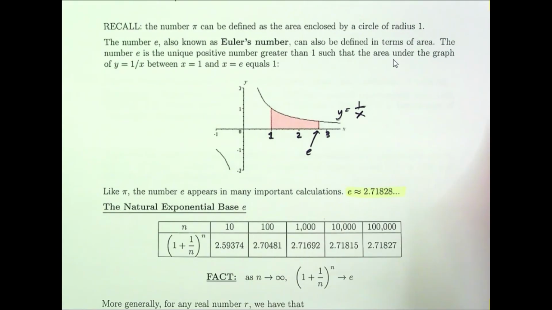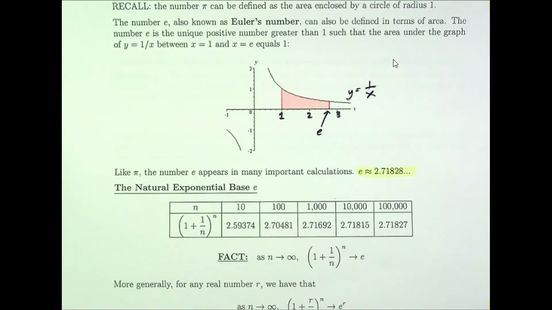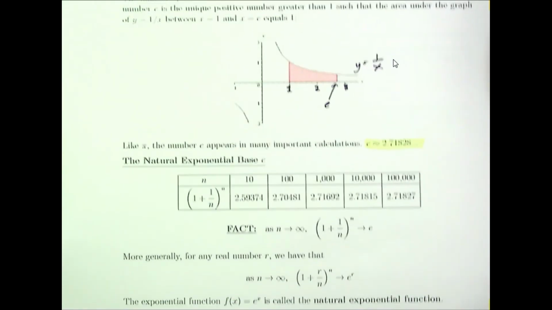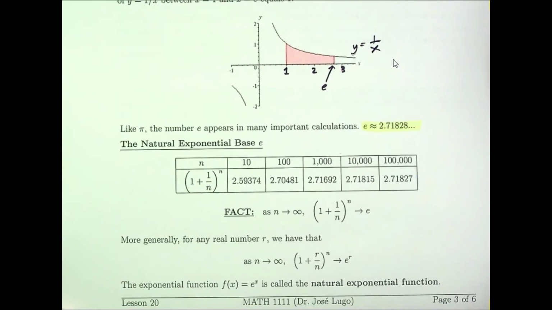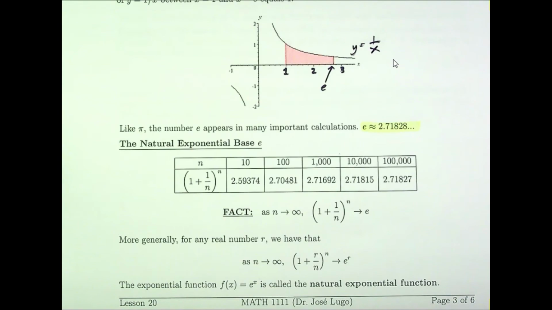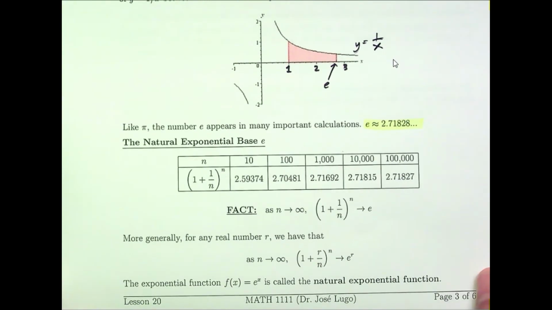Also, when the base is e for an exponent, we say that that is the natural exponential base. It is natural to do calculations when the base is e and to use it in calculus formulas and such. So that's one way to define it.